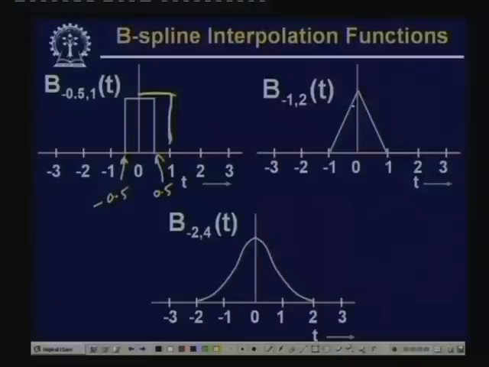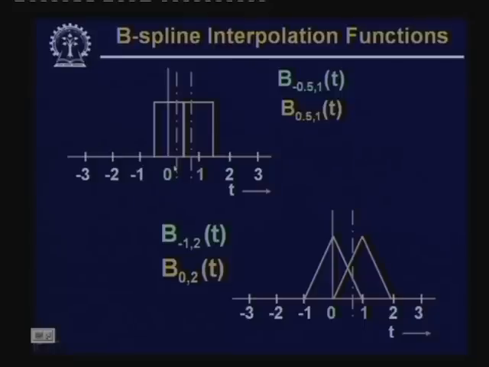Similar is also the case for the linear B-spline, and also for the cubic B-spline, that is b i 4 t, and in this case it will be b i minus 2 4 t. So, let us see how it helps us in the interpolation operation.